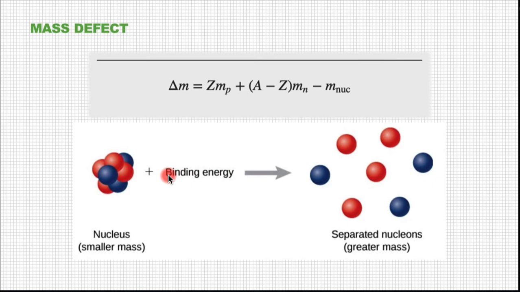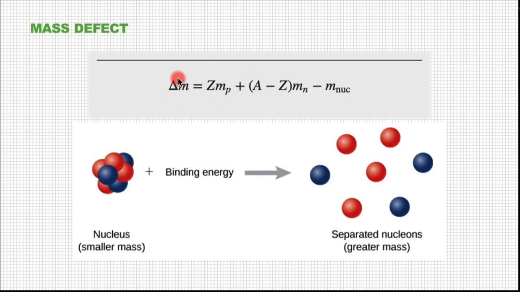So we call this the binding energy. In other words, the sum of the energy that binds all these nucleons together so that we separate them. And once we do that, as we saw in the previous slide, the nucleus, when the nucleons are bound together, has a smaller mass than the nucleons when they're separated.